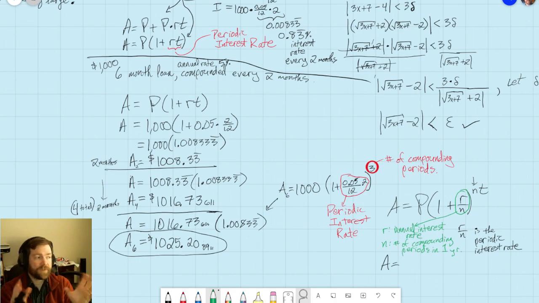But it doesn't have to be that. This is just a nice way to standardize it. It could be just this. It's just the periodic interest rate. What's the interest rate going to be over the period in which we're doing this thing?